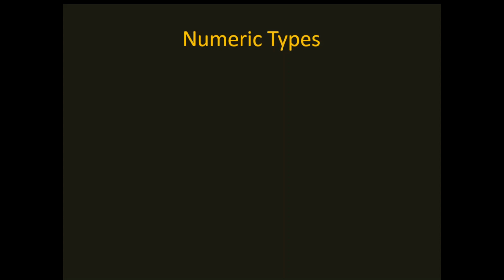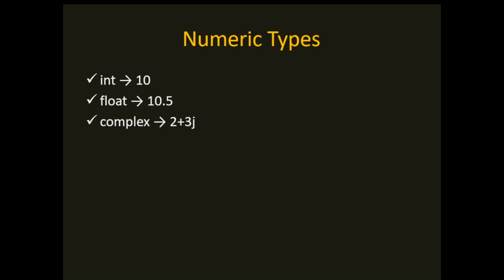Now coming to numeric types. In numeric, we have integer, float, and complex numbers. Integer holds whole numbers, positive or negative. In this case, we have given the example of 10.